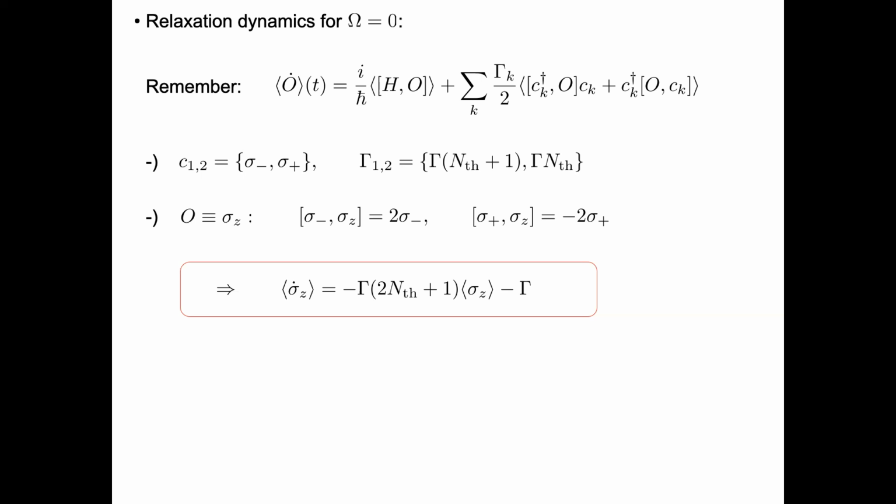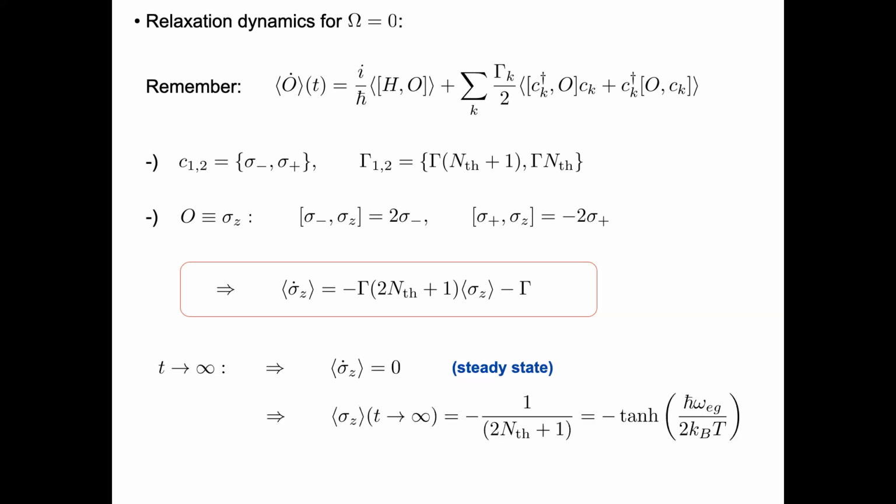And you get this offset, which might not be very intuitive, but let's go to the steady state, the long time dynamics where this doesn't change anymore. So the time derivative is 0, and then I can immediately get the population inversion: the expectation value of sigma z at long times is simply 1 over 2n plus 1.